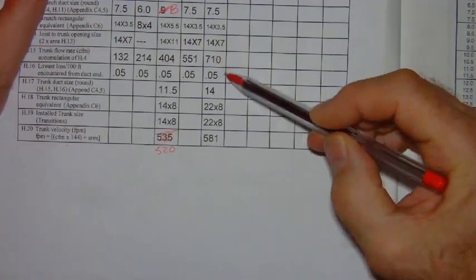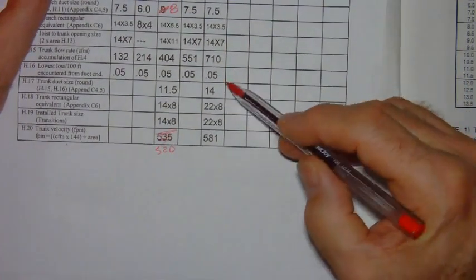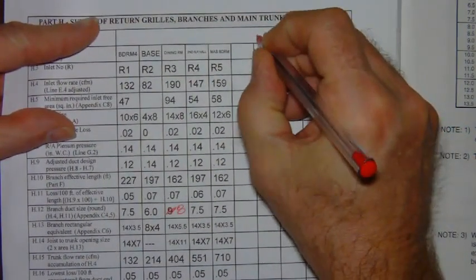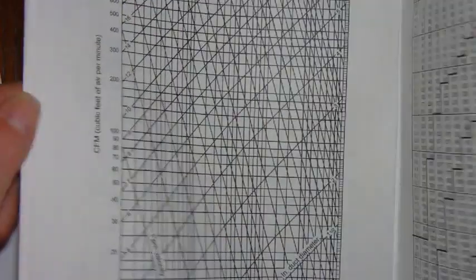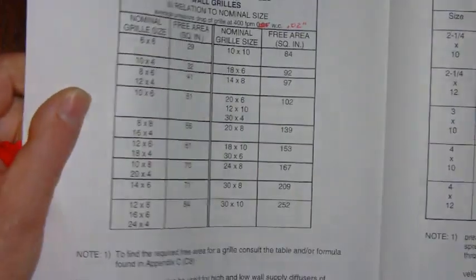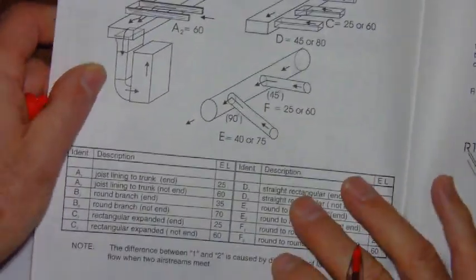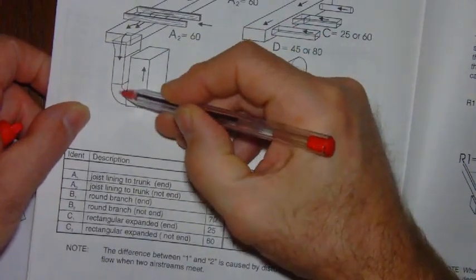Now at this point, we also need to determine what the drop duct size is. And so the drop duct is, of course, this duct which is carrying the total volume of air.